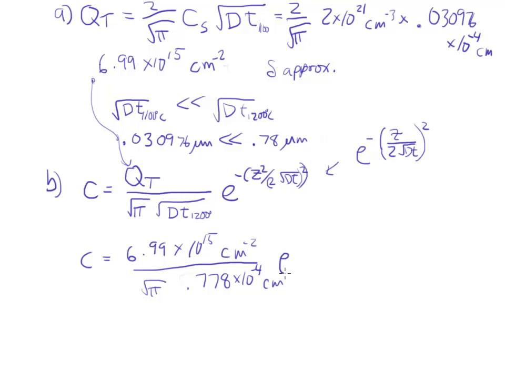And this is going to be times our exponential term, e to the minus z over 2 times our Dt value, which is 0.778 times 10 to the minus 4 centimeters. And that whole thing is going to be squared.